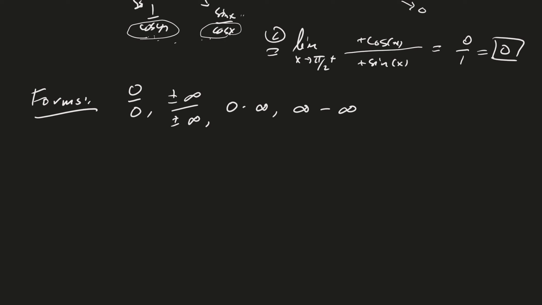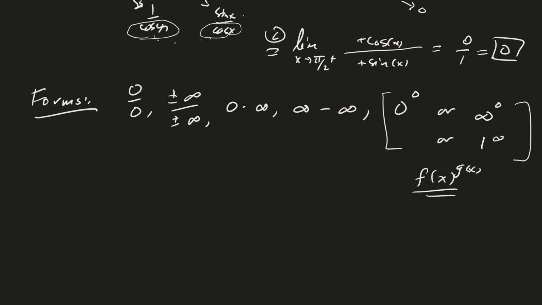Now we want to do one more, and that is either 0 to the 0 power, or infinity to the 0 power, or maybe 1 to the infinity power. In all of these cases, the same trick is going to work, where we've got f of x to the g of x power, and we're trying to take the limit.